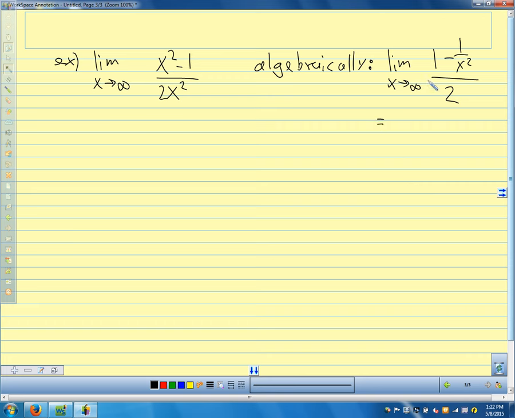That equals, the limit as x approaches infinity of 1 is just 1. Limit as x approaches infinity of 1 over x squared, 0. And this limit as x approaches infinity of 2 is 2. So we get 1/2. The degrees of the numerator and denominator are the same.